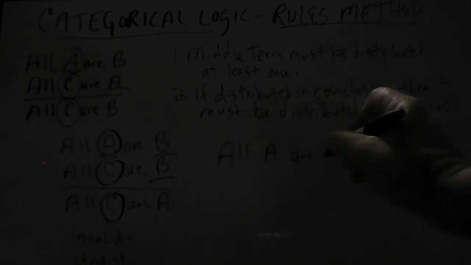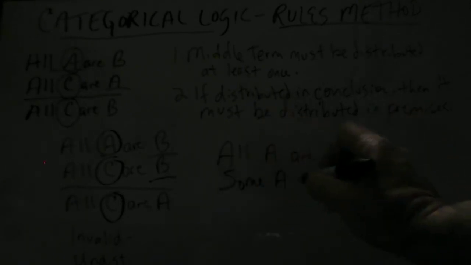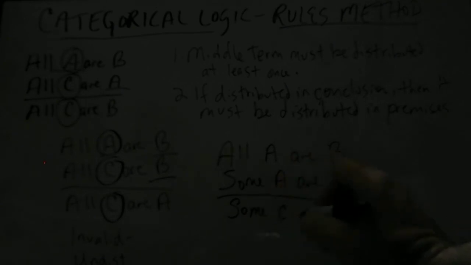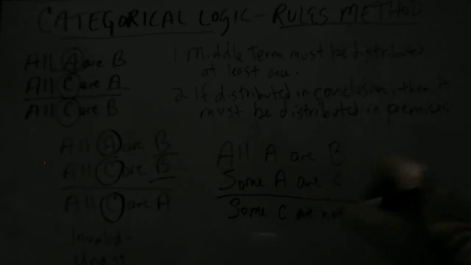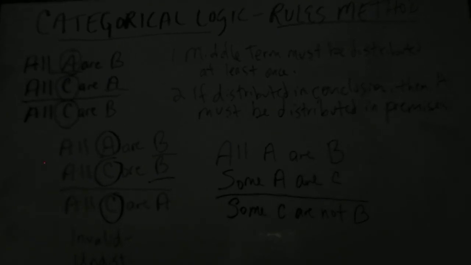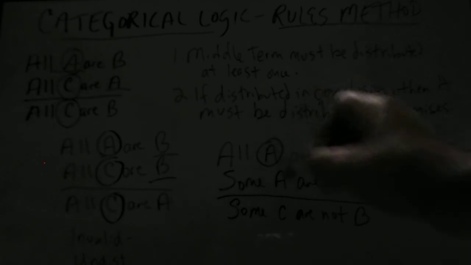But let's say we have an argument such as this. All A are B, some A are C, therefore some C are not B. So if we mark our distribution here, with an A statement, you'd circle the subject.